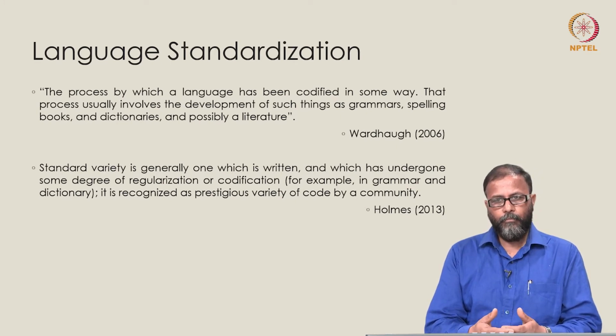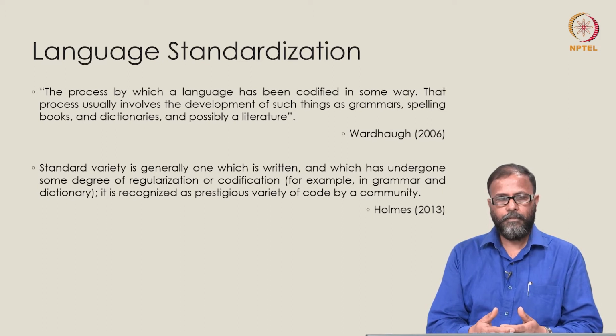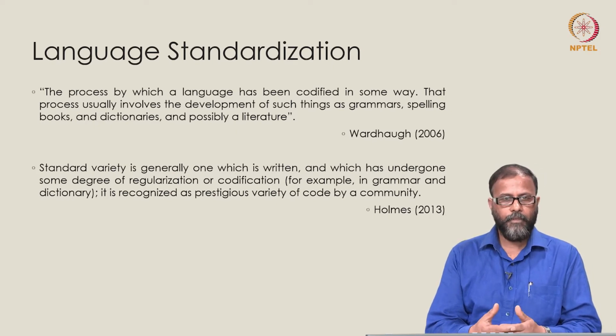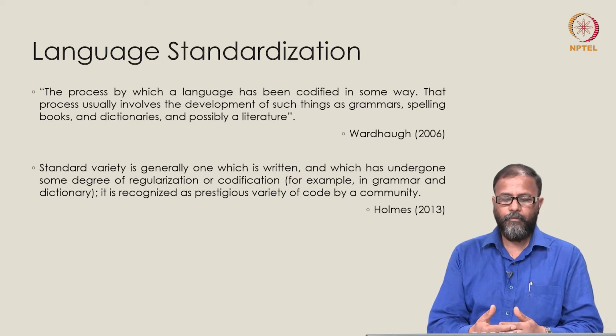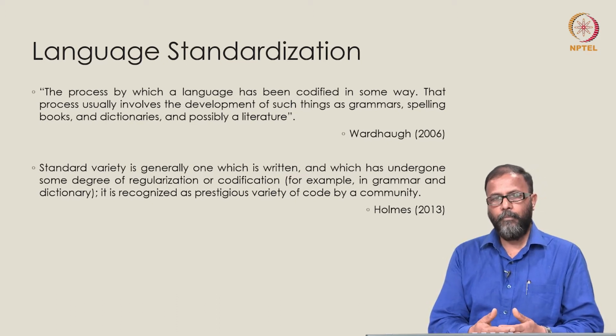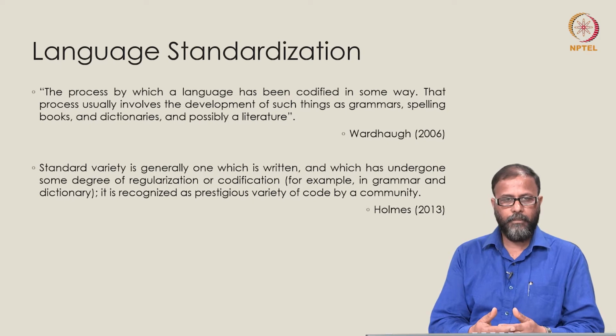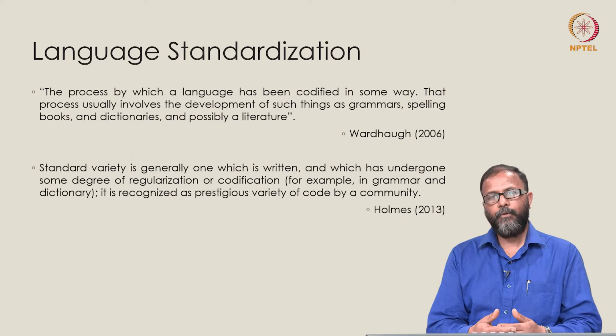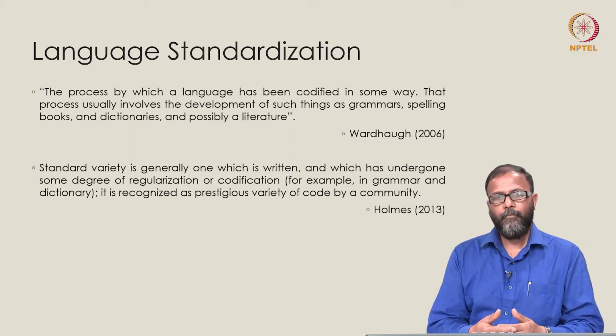Holmes 2013 says a standard variety is generally one which is written and which has undergone some degree of regulation or regularization of codification, for example, in terms of grammar and dictionary. It is recognized as a prestigious variety of the code by a community.